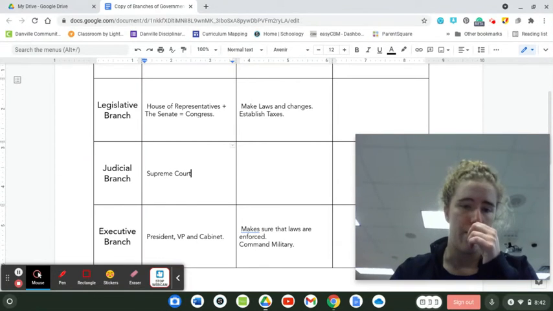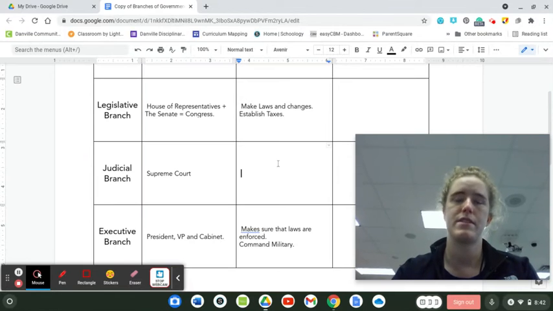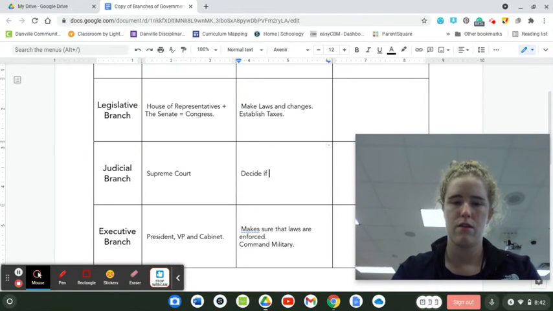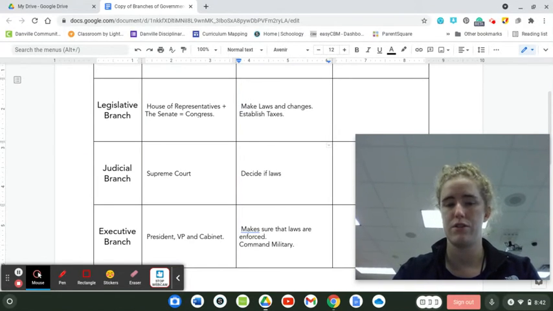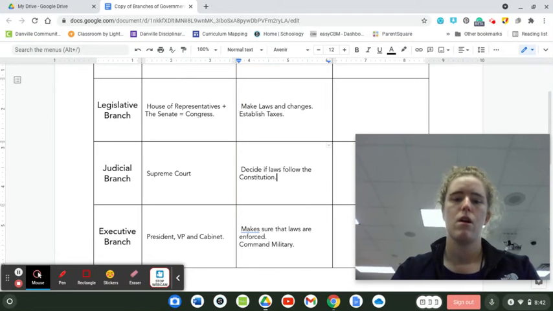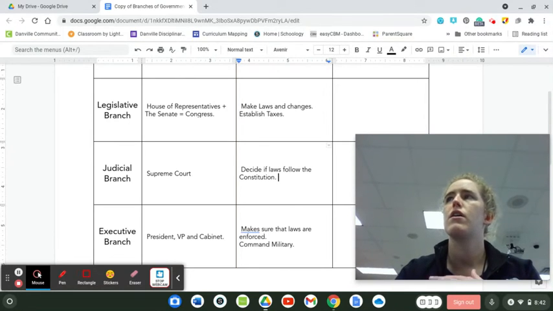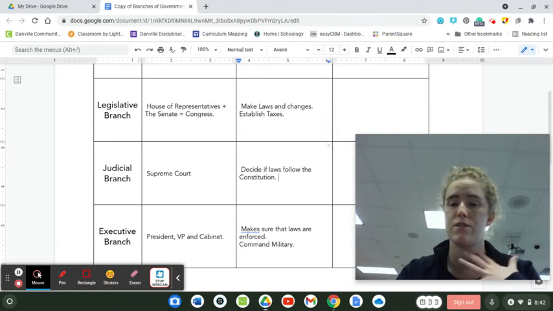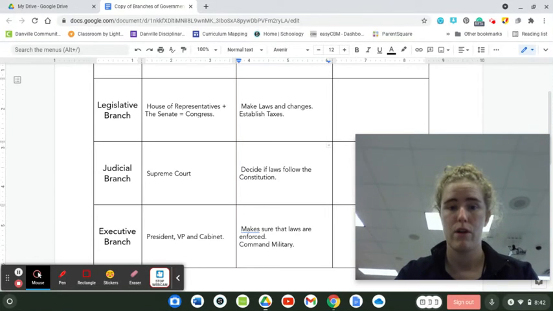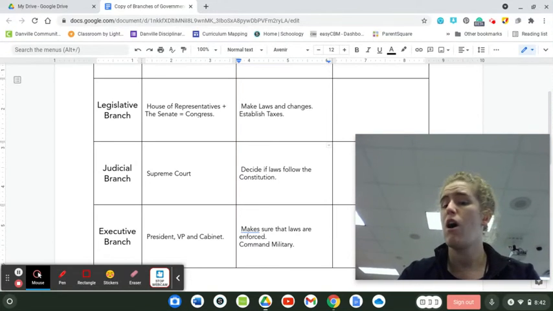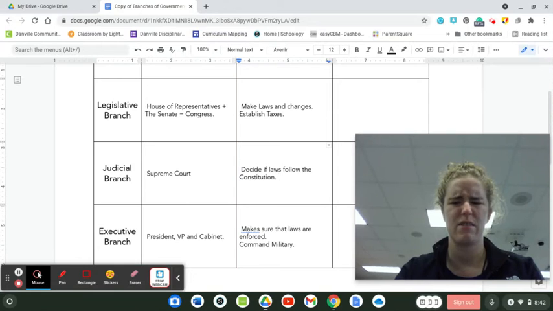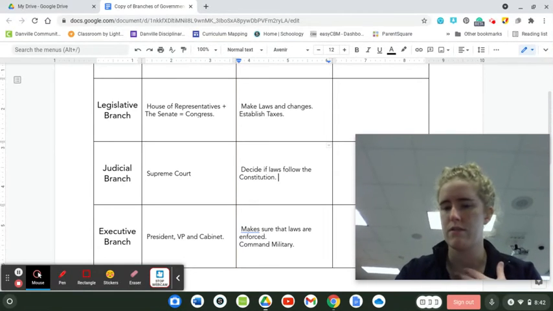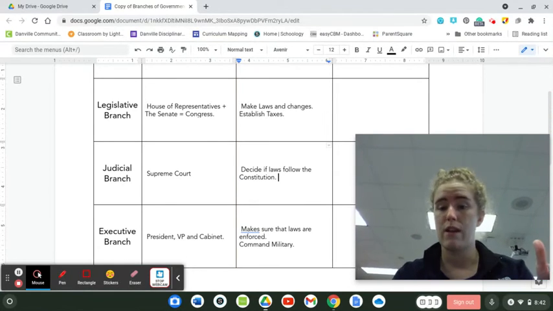Their job is to decide if laws follow the Constitution. The Constitution is the document that tells us what kind of government we have. So if they look at a law and they think, wait a second, this doesn't seem right, this doesn't follow what we believe as a country, they can shoot that law down.